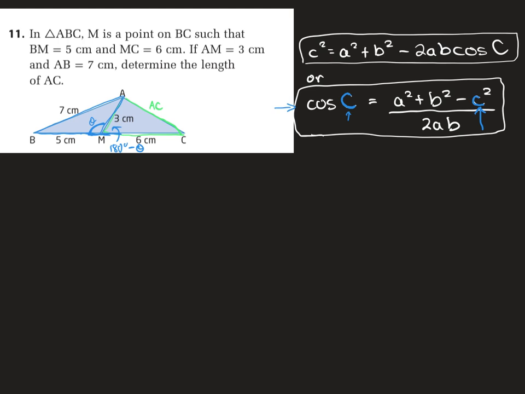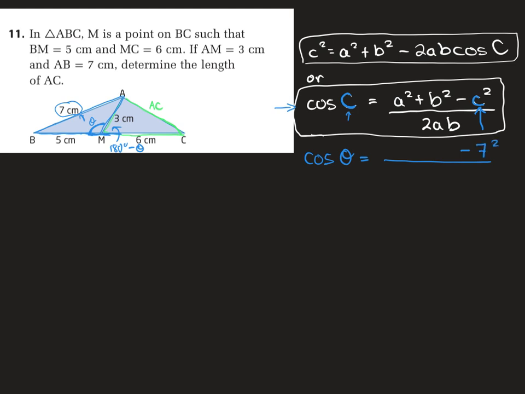We need to get that angle theta, which means the side across from it would be side 7. So in this formula, we're going to go cos, and I'm going to use theta for the angle at M. Most important is this side C at the end, the minus C squared, is going to be minus 7 squared.